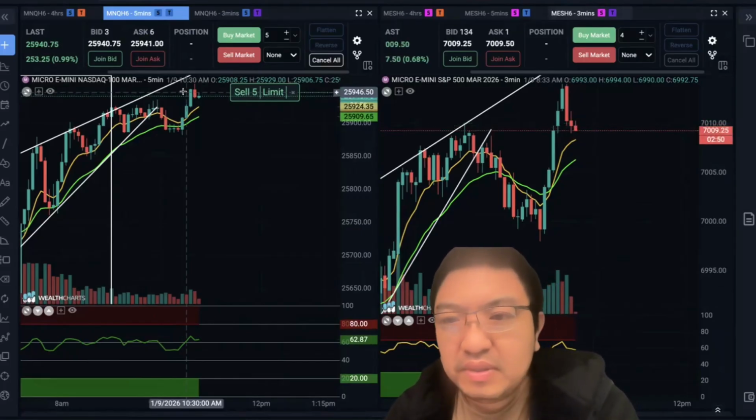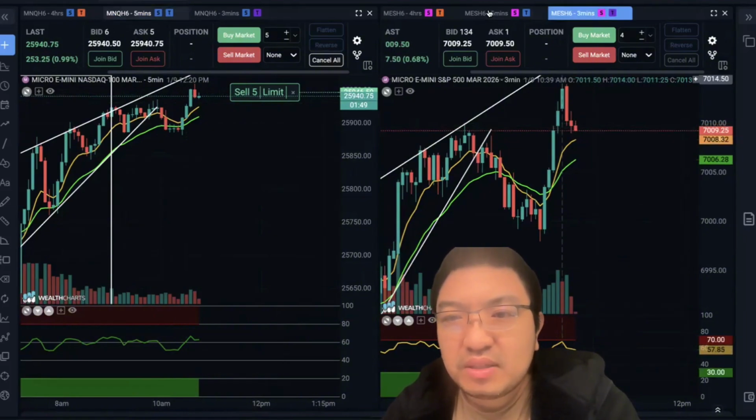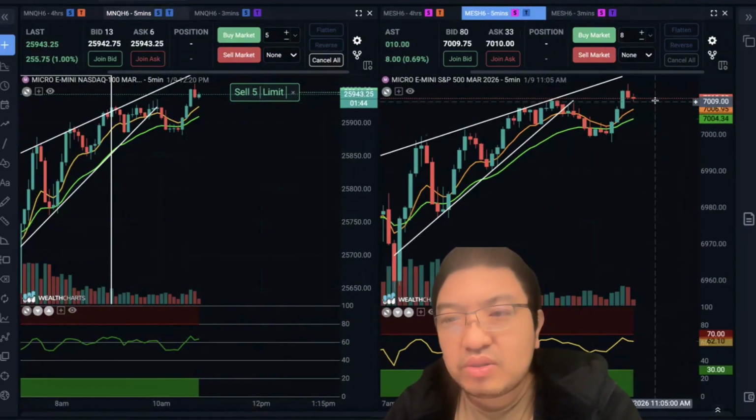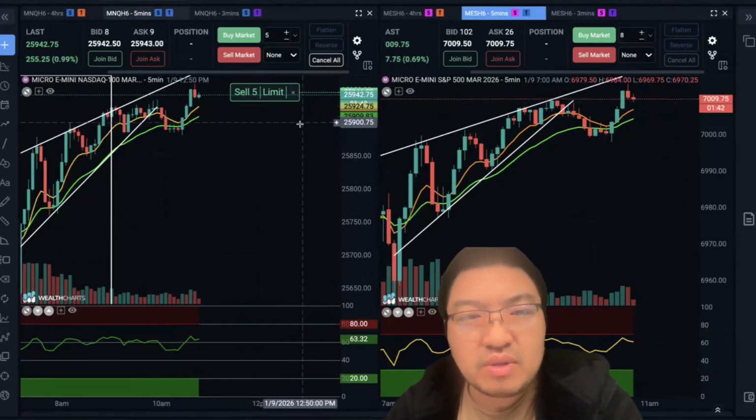Oh, ES 3 minutes. Then I should see. ES shows downward intention while NQ shows upward intention.